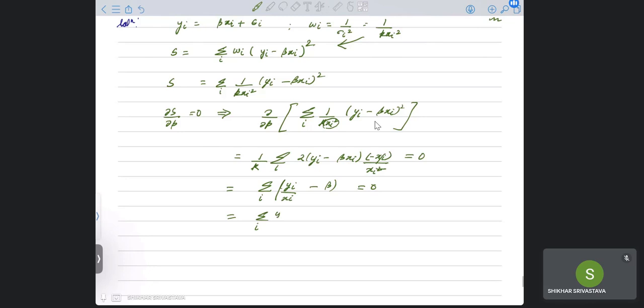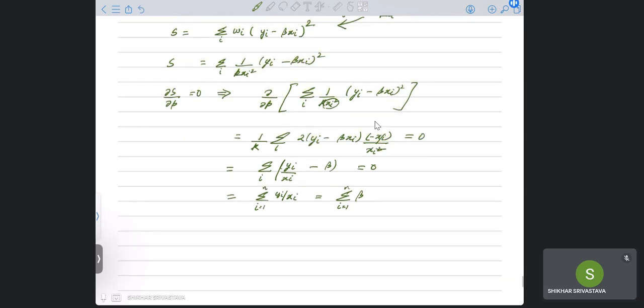Now you can distribute this summation. So the sum of yi divided by xi is equal to the summation of beta, where i runs from 1 to n since you have n observations. Beta is constant, so it will come out, leaving the summation of 1 from i equals 1 to n.